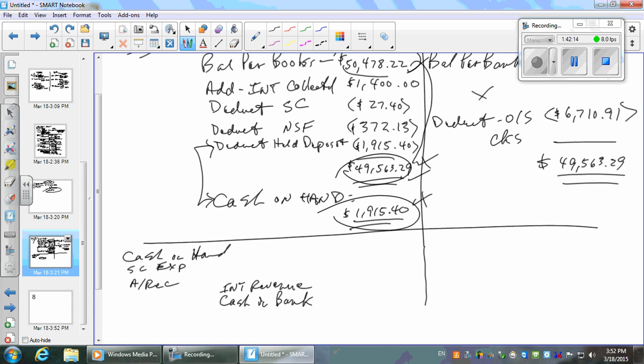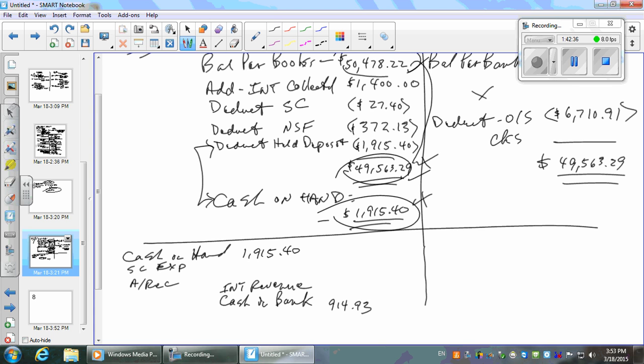This is what you wish it was. Credit cash in bank for how much? Less than 1,000, isn't it? 914.93. All right. How much is cash on hand that you want to have recorded? 1915. And we have nothing in it, so we call it cash on hand, right? That's what it is.